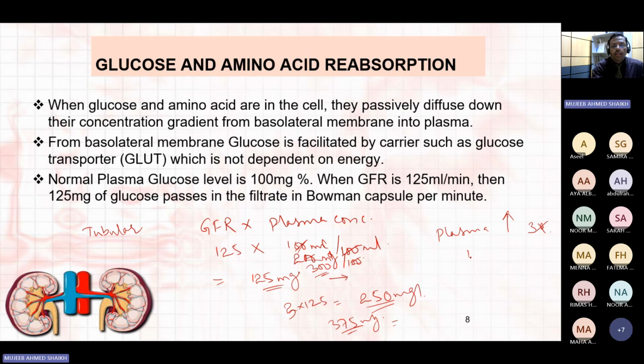Then only the urine will have glucose in it. The urine will have glucose if the blood or plasma sugar level goes above 300. But this is not the case.